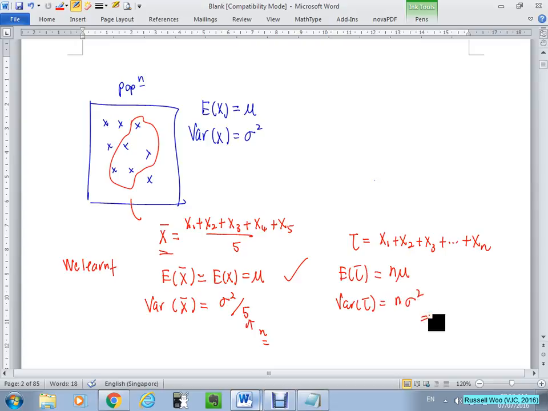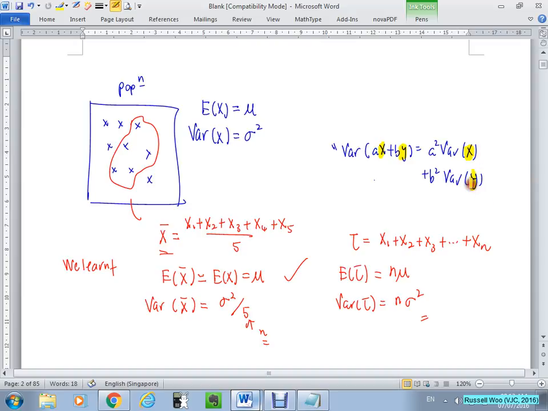Do I need to prove this? I don't think it's needed, because you just make use of the fact that x1, x2, x3 are independent observations of x. Correct? You just make use of the idea that variance of ax plus by equals a square variance x plus b square variance y, as long as x and y are independent.